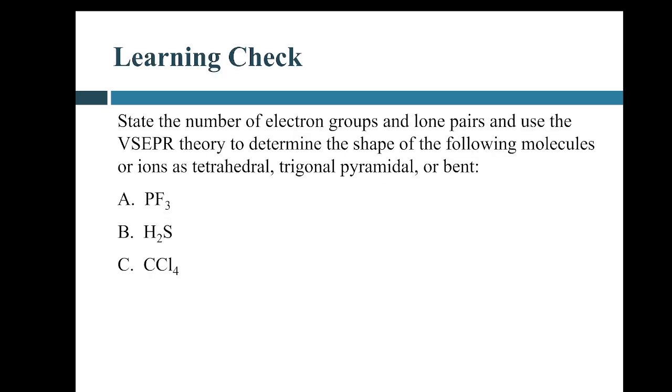So let's state the number of electron groups, lone pairs, and then use VSEPR theory to determine the shape of the following molecules or ions as tetrahedral, trigonal pyramidal, or bent. So what do we got here? PF3.